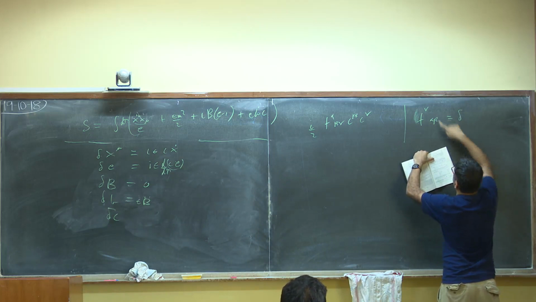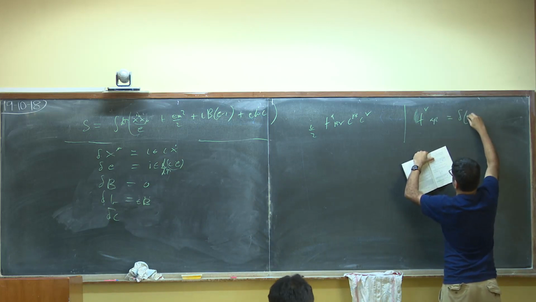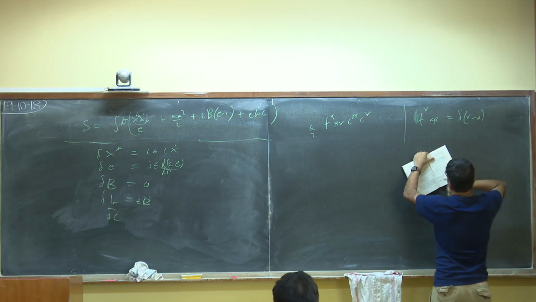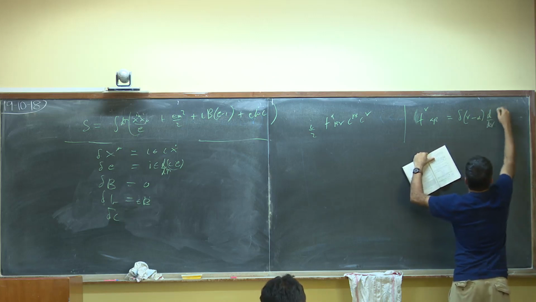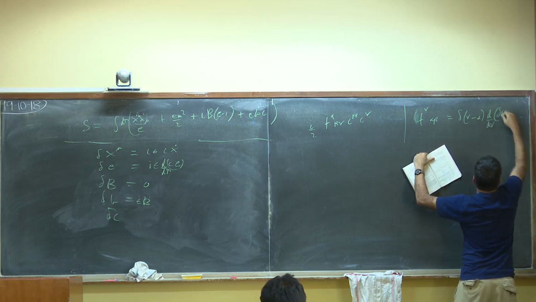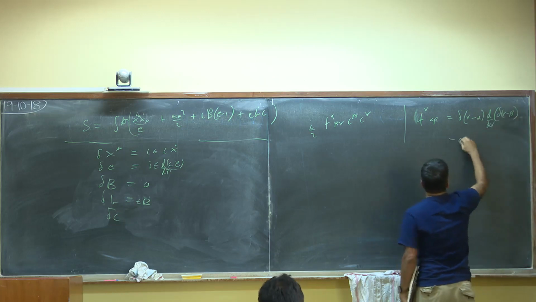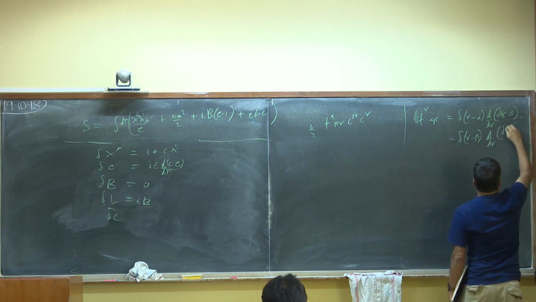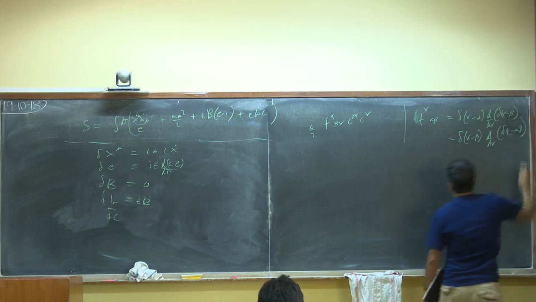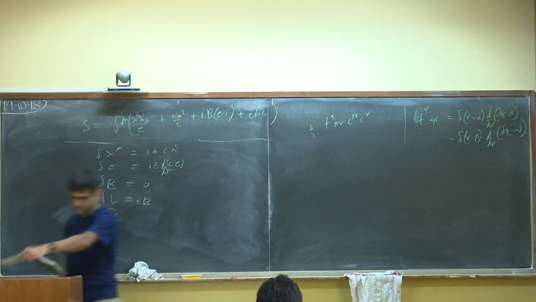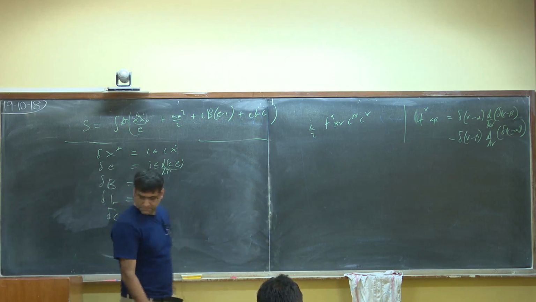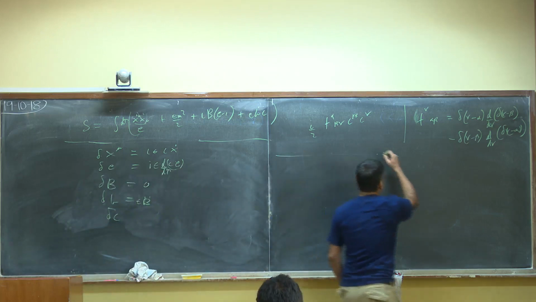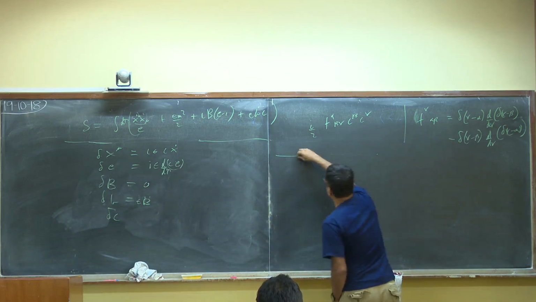This was delta of gamma minus alpha, and then this was d by d gamma of delta of gamma minus beta, minus delta of gamma minus beta into d by d gamma of delta of gamma minus alpha. Okay, excellent. Now all we have to do is to plug this into this general formula here.